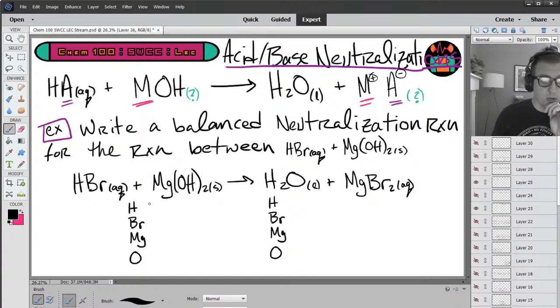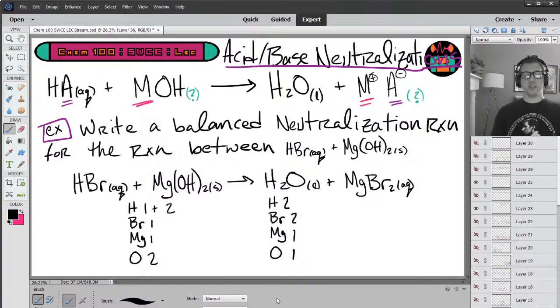So hydrogen, there's 1 hydrogen in HBr plus 2, right, in magnesium hydroxide, 1 bromine, 1 magnesium, and then 2 oxygen from magnesium hydroxide. On the product side, we have 2 hydrogens, 2 bromines, 1 magnesium, 1 oxygen. You always go for the path of least resistance on these things.